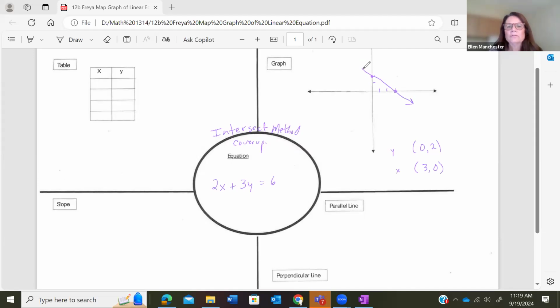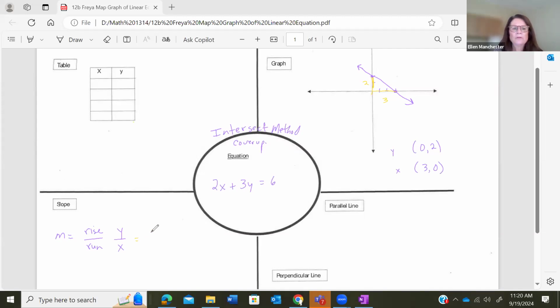Okay, so to find your slope, super easy. Remember, slope is the rise, which is the y, over the run, which is the x, right? So remember the technique, let me get my yellow pen, the technique of plot 2 points, the points are right here. So here's our right triangle, rise 2, run 3.